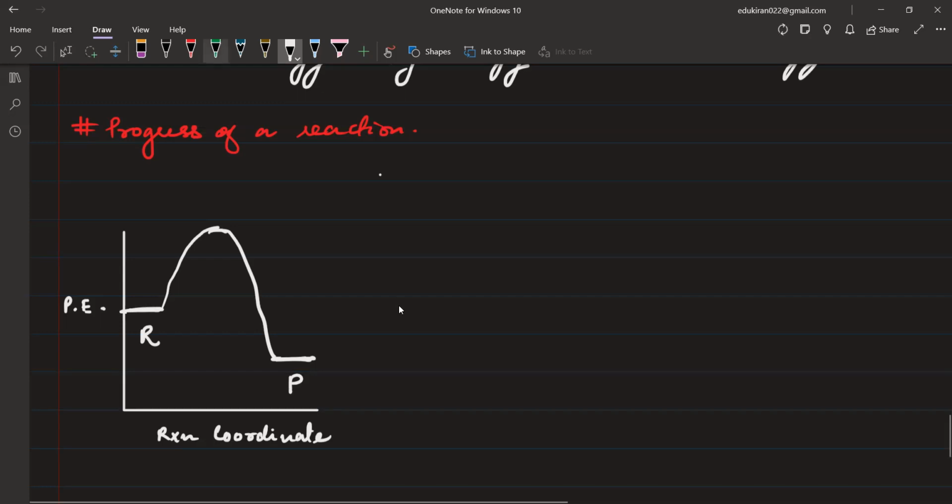So this line here, what does this denote? This denotes E average of the reactant molecules. Then this point here, this energy is known as what? Threshold energy.